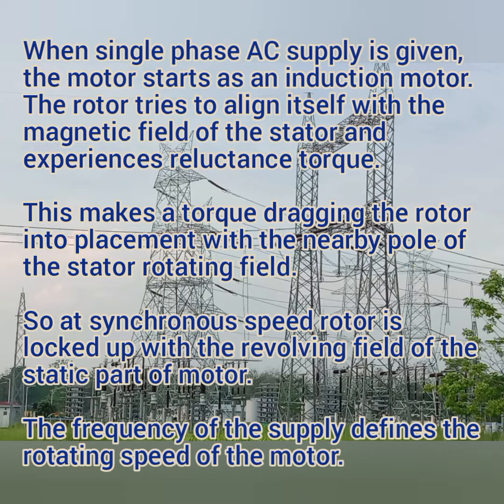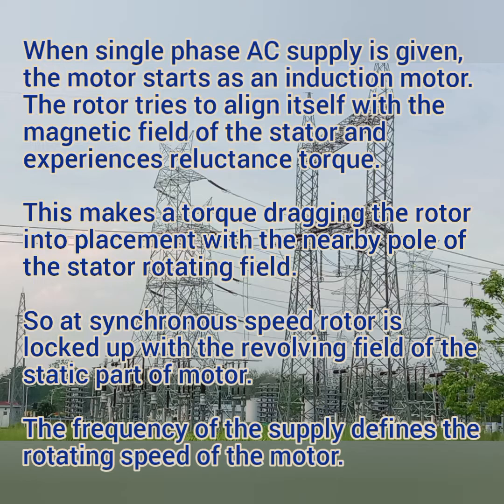When a single phase AC supply is given, the motor starts as an induction motor and the rotor tries to align itself with the magnetic field of your stator and experiences a reluctance torque. This torque further drags the rotor to a place near the stator poles of your rotating field.